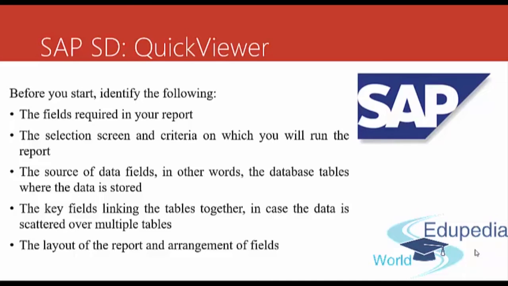We talked about SAP tables in our previous lecture. The key fields linking the tables together, in case the data is scattered over multiple tables. The layout of the report and arrangement of fields.